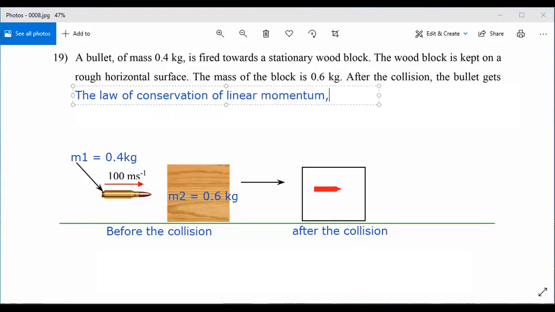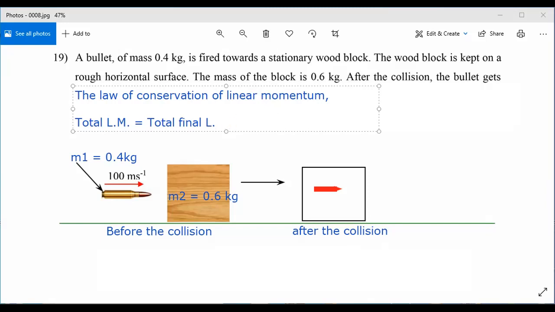The law of conservation of linear momentum can be represented by the equation like this. Total linear momentum, LM means linear momentum, equals total initial linear momentum equals total final linear momentum.